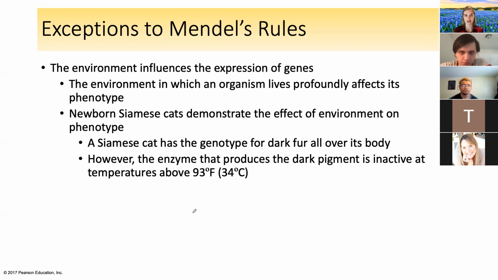However, the enzyme that is used to make that dark pigment is inactive at temperatures above 93 degrees Fahrenheit, right? So when it's really warm, we're going to see that pigment can't be made.